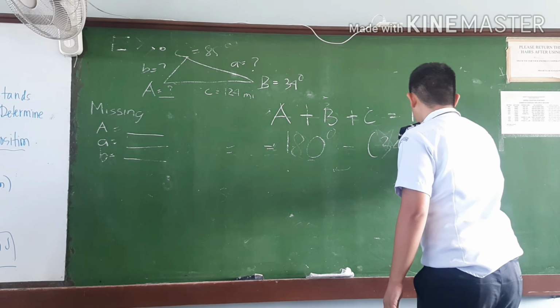As you can see, 180 minus 119, so angle A is equal to 61 degrees.